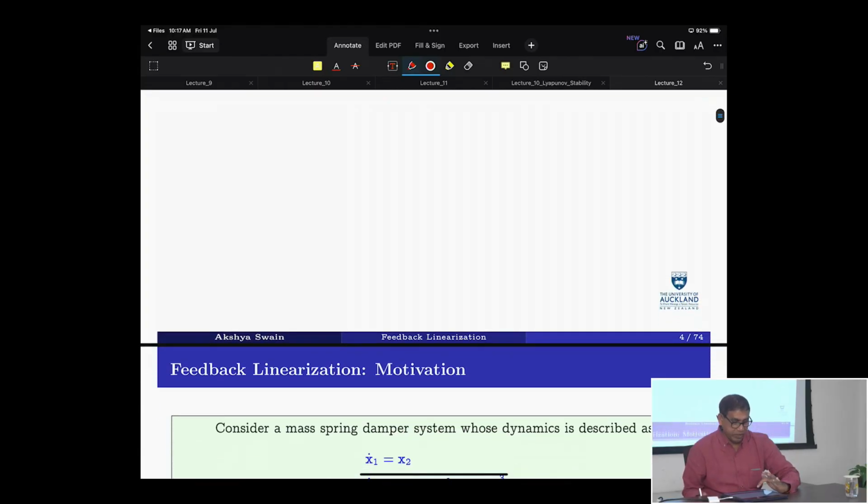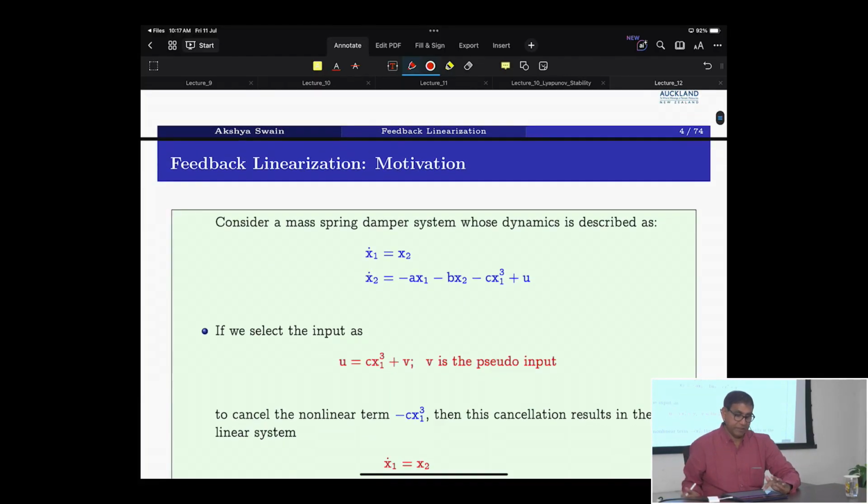Now see the example here. x1 dot is equal to x2 and x2 dot is equal to minus a x1 minus c x1 cube plus u, right? Now, there is a component minus c x1 cube, a nonlinear component, completely cancel it.